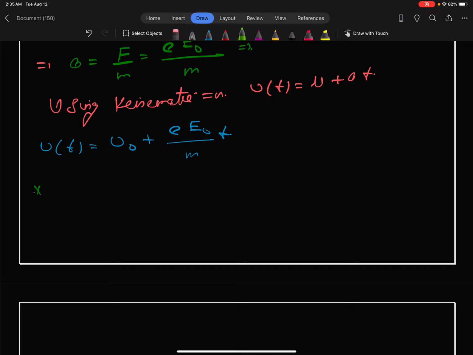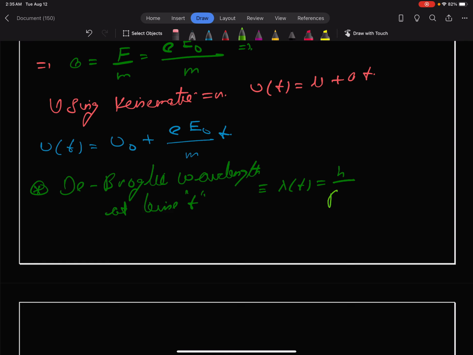So we can say that the de-Broglie wavelength at a time t, let us call this lambda t, will be equal to h divided by momentum at time t, which can be further written as h upon mass times velocity at time t.